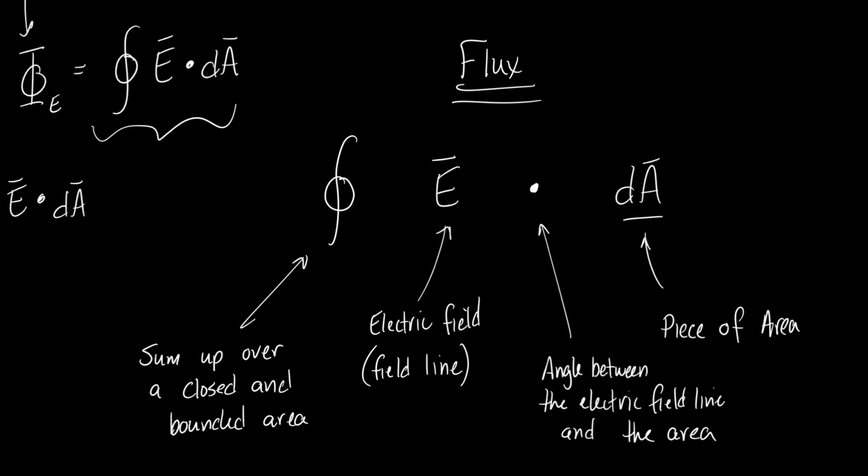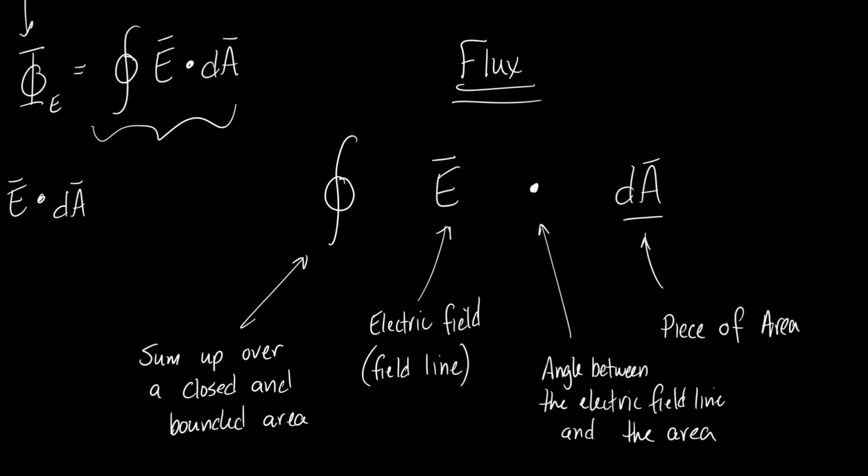It's just a two-dimensional loop. In order for Gauss's law to be a law, you have to add up the entire area in a closed and bounded surface. So your Gaussian surface, which is what we call the area that we use here, has to be a complete enclosed volume, or it doesn't fit the law.